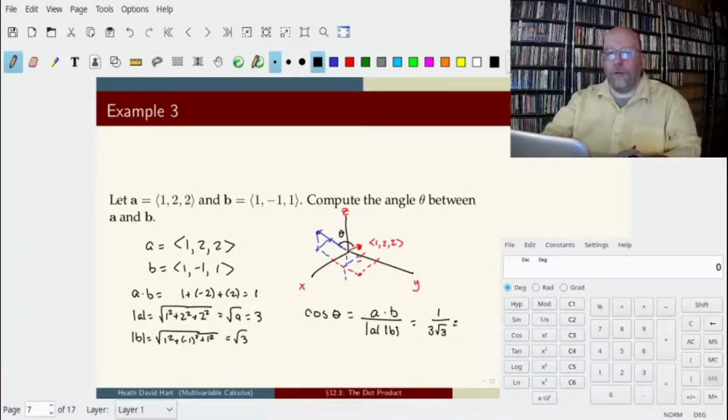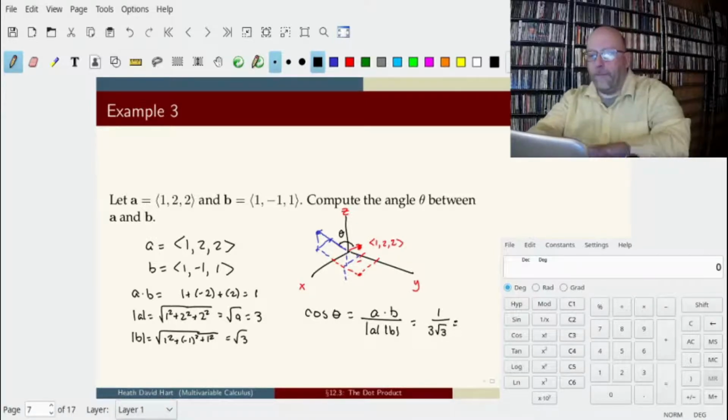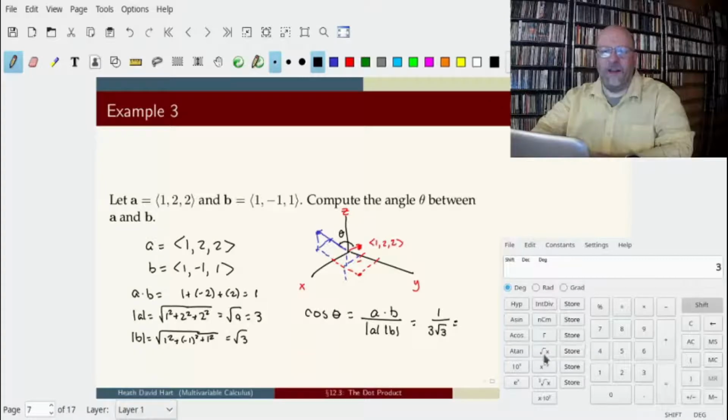So we can do that calculation. 3 times the square root of 3 is equal to 5.19.